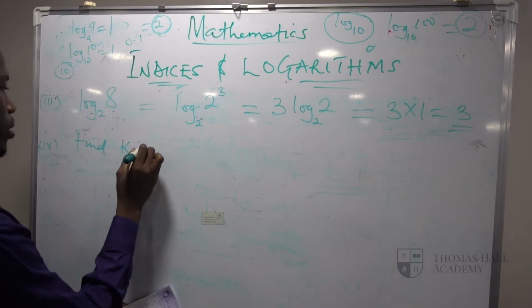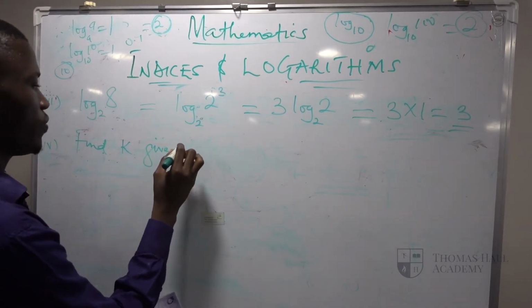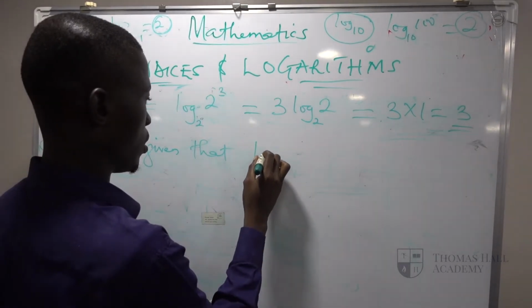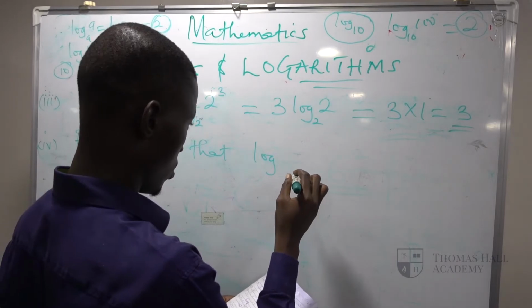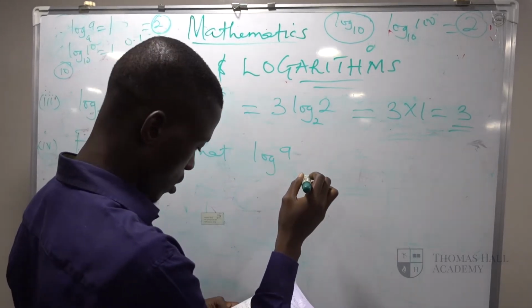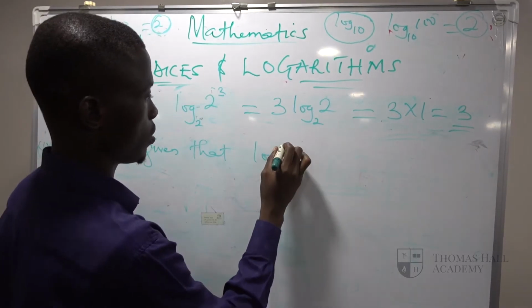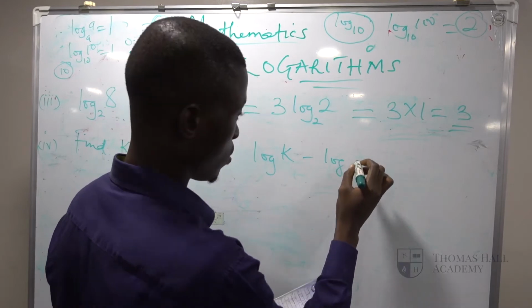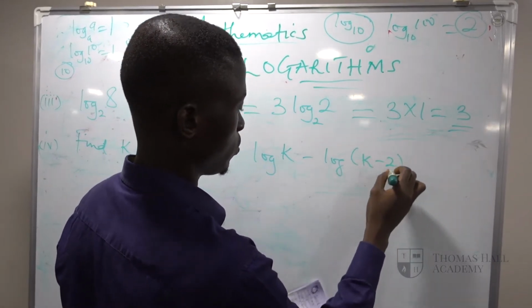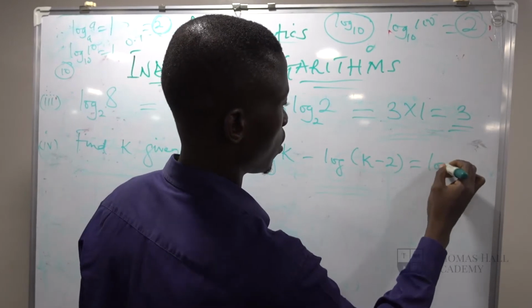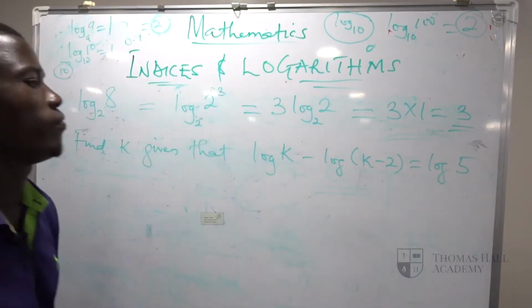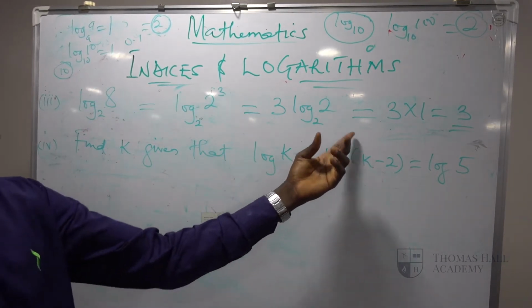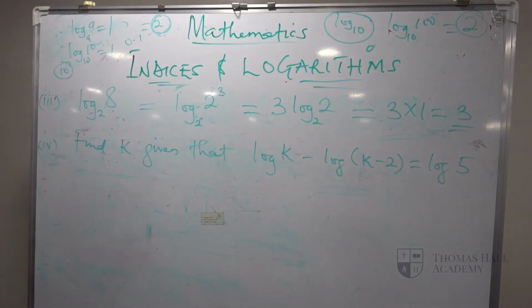Find K, given that log K minus log of K minus 2 equals log 5.